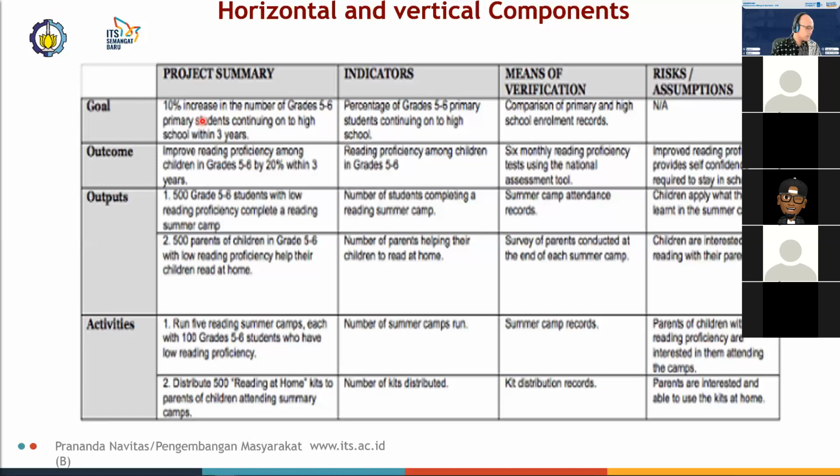And with that, what are the performance indicators of each technique? Performance indicators overall, I think, are: if you can establish perfectly clear performance indicators, for example, like these: number of kids distributed, number of summer camps, number of parents, number of students, and reading proficiency.